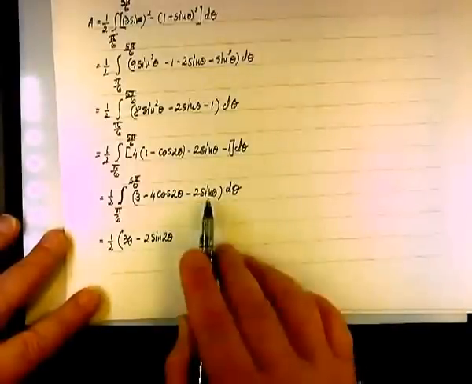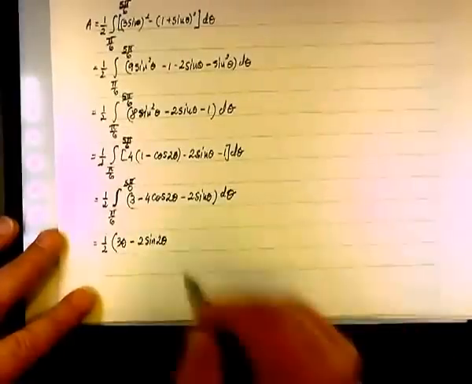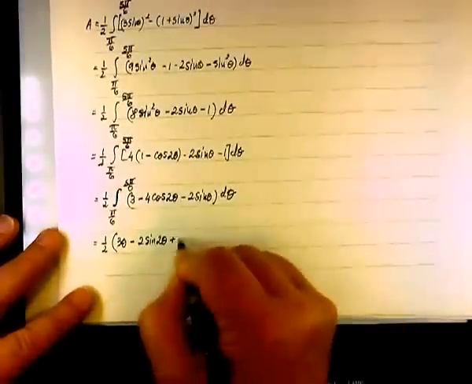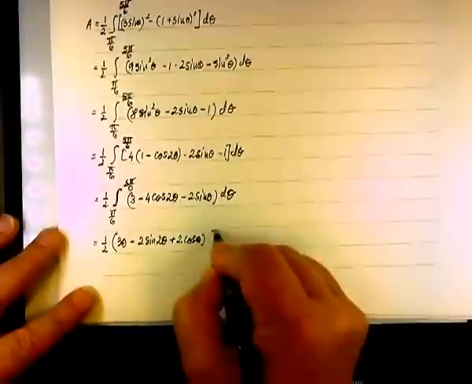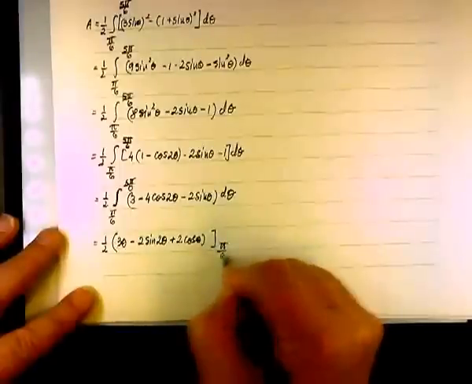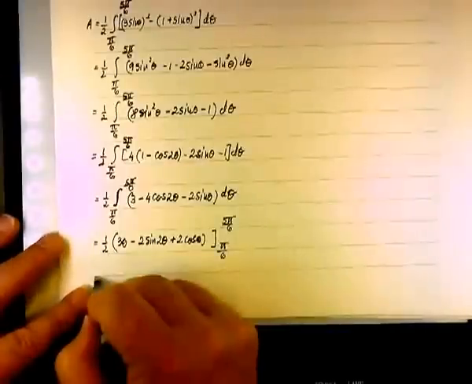Again, if you take the derivative, you get 4 cosine 2 theta. And here the antiderivative of the sine is the cosine, so simply plus 2 cosine theta. All of this needs to be evaluated from pi over 6 to 5 pi over 6.